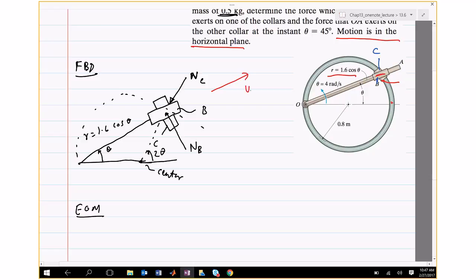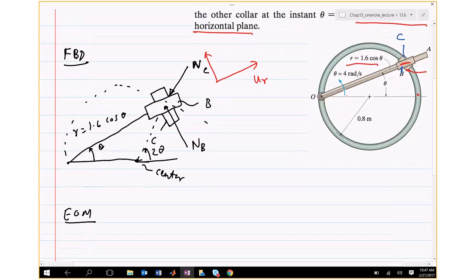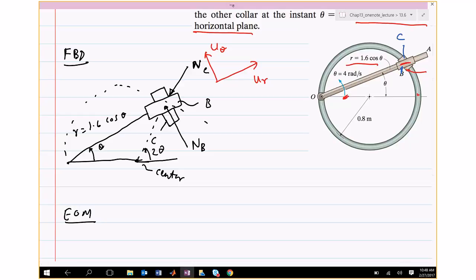So UR is always acting along the R direction. U theta acts in the direction which the collar is moving. So you're told that it moves in the counterclockwise direction. So U theta is this way. Okay, I'm going to set up the equation and let you go because I'm running out of time.